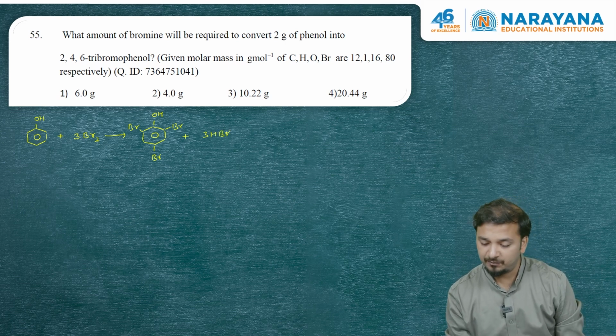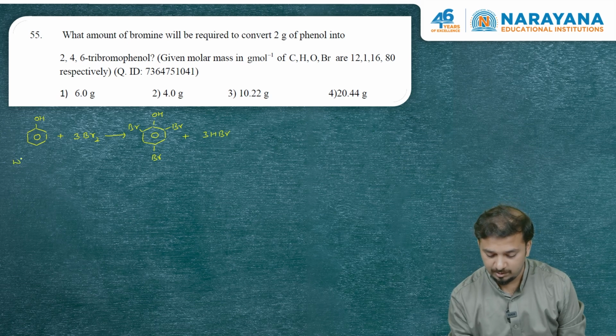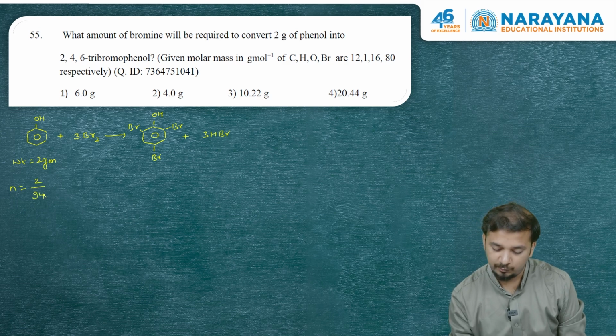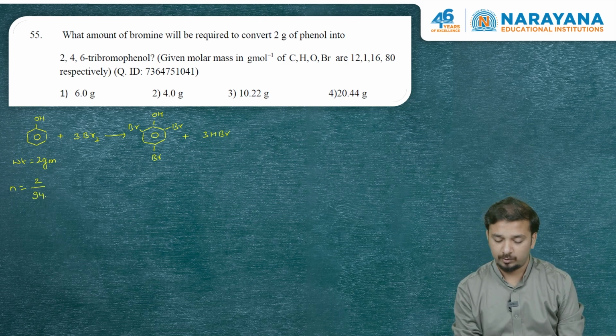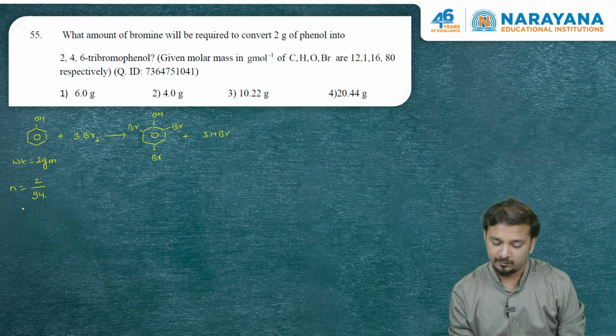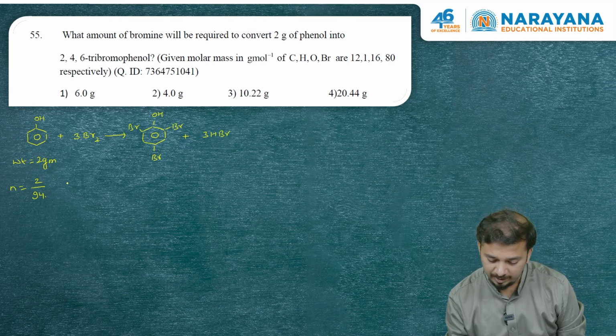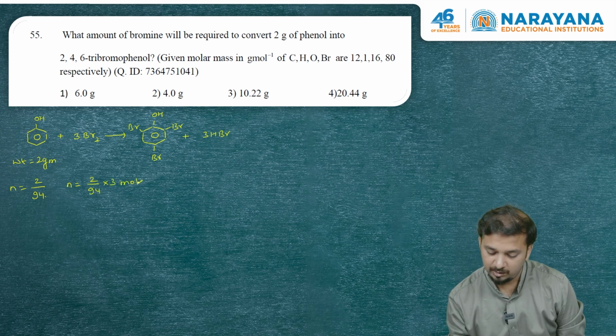Now 1 mole of phenol will consume 3 moles of Br2. Now they are saying we have 2 gram of phenol. So weight of phenol is given as 2 grams. So moles of phenol we can calculate, it will be 2 upon 94, molar mass of phenol. Now 1 mole of phenol will react with 3 moles of bromine. So 2 by 94 moles of phenol will react with 2 by 94 into 3 moles of bromine.